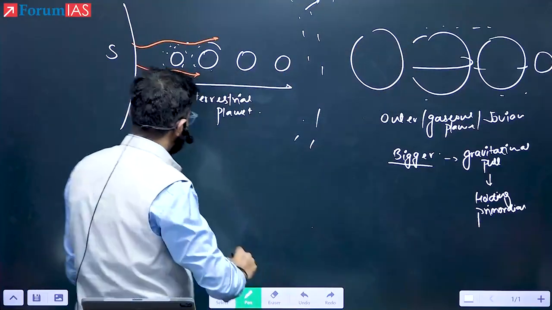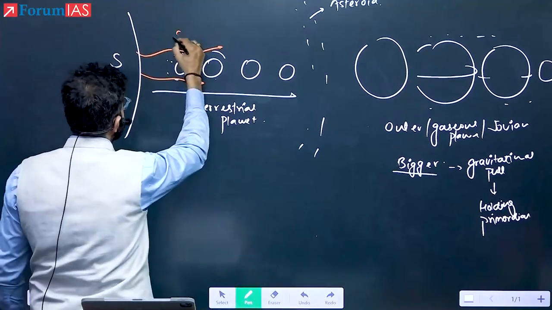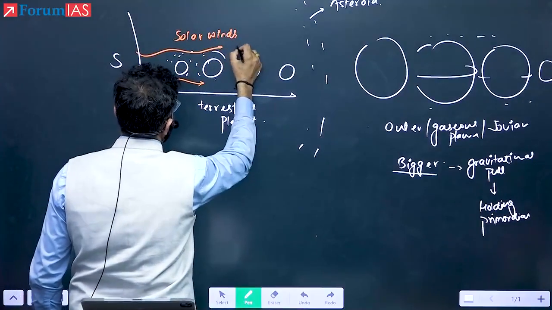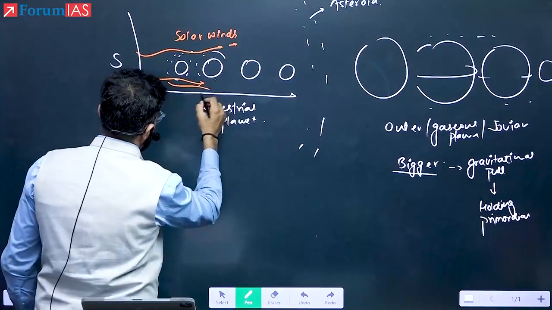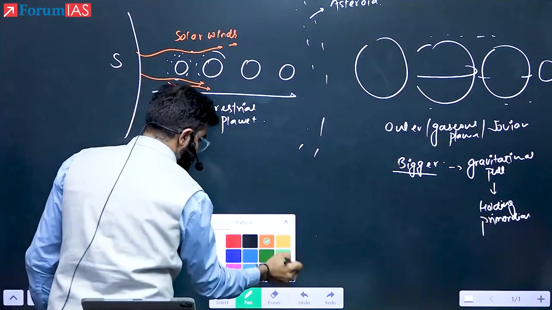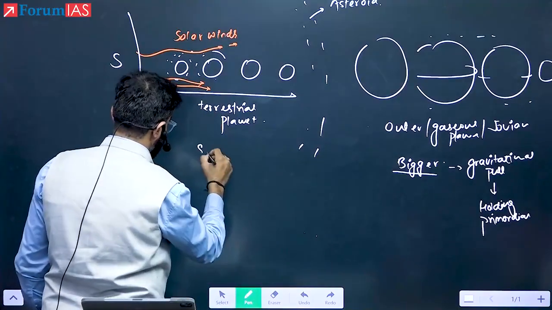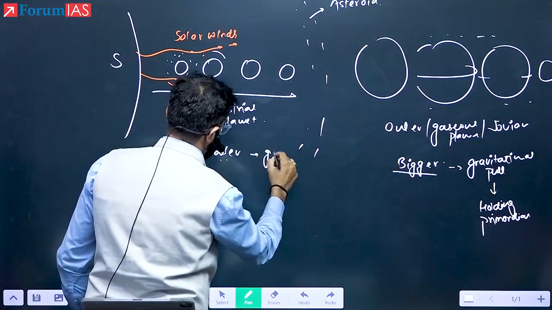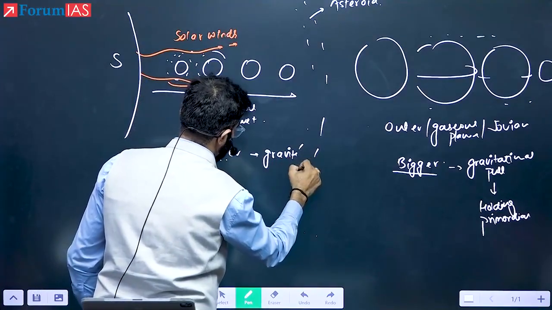So please write down this one. This was the solar winds. Here I'm writing: they were smaller. The gravity was lesser.